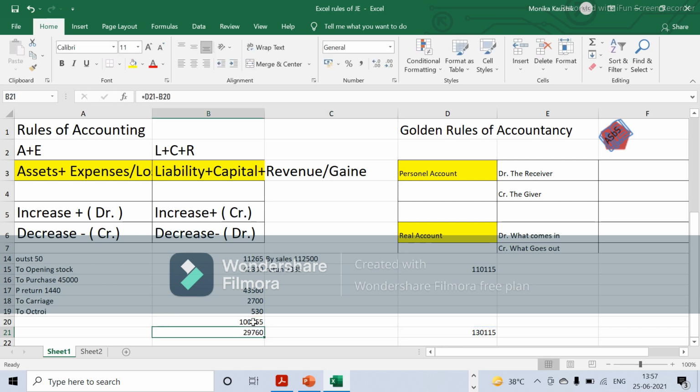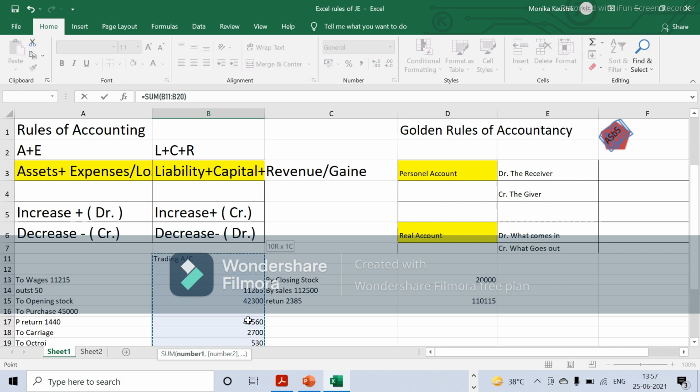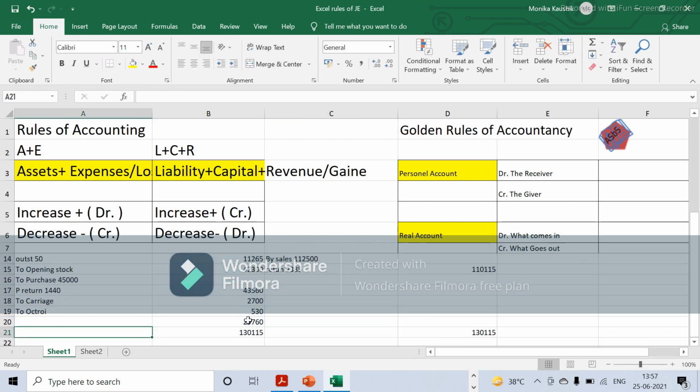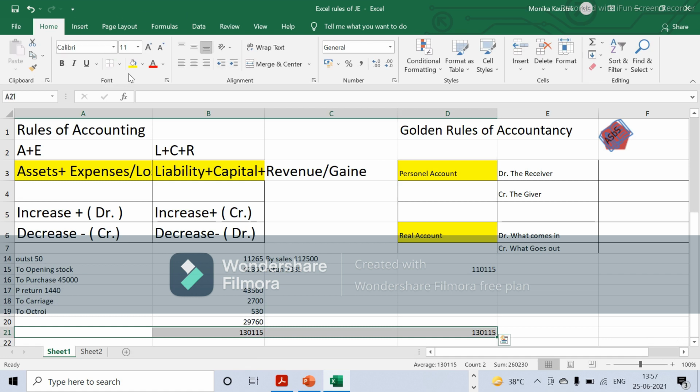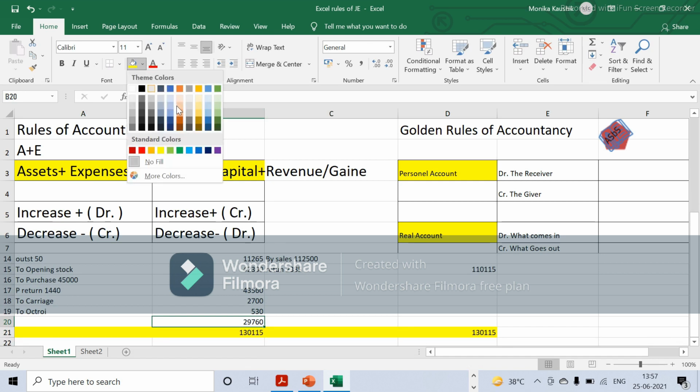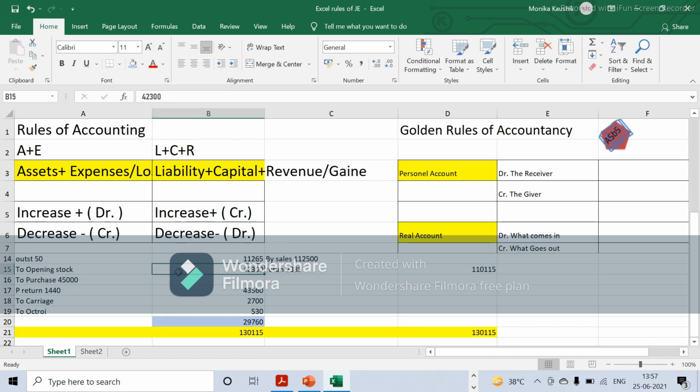This will be my gross profit, 29,760. 29,760 is my gross profit. Now we can add it to match if the debit and credit sides are equal. So both are equal, and this will be my gross profit, right? This gross profit will go further into the profit and loss account. So let's prepare the profit and loss account quickly.